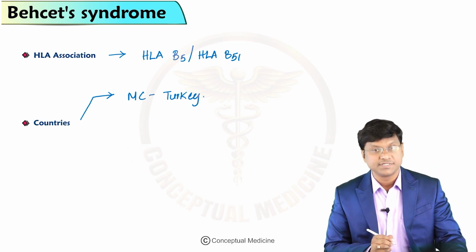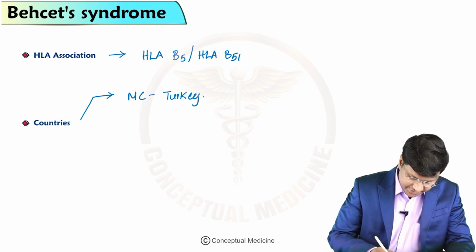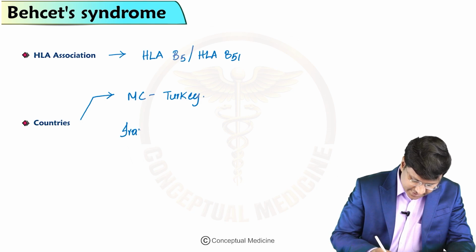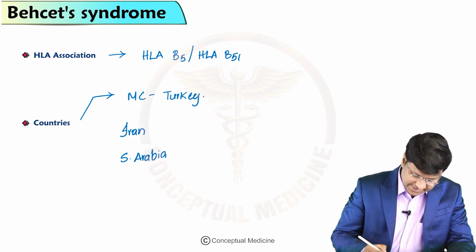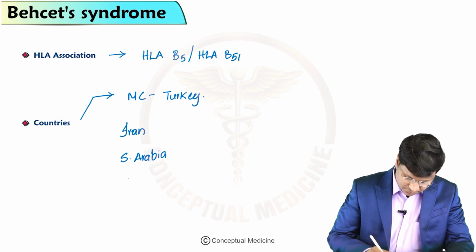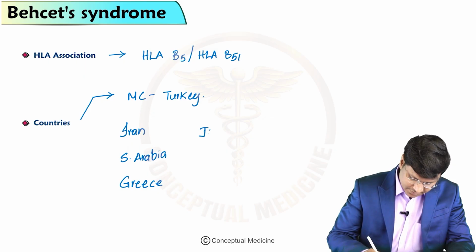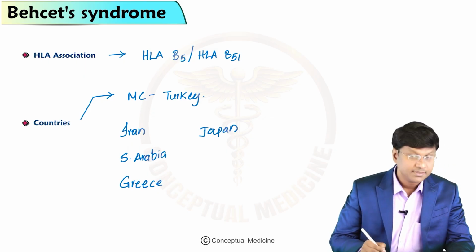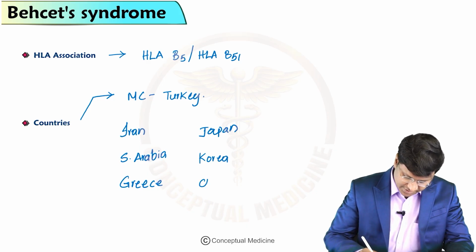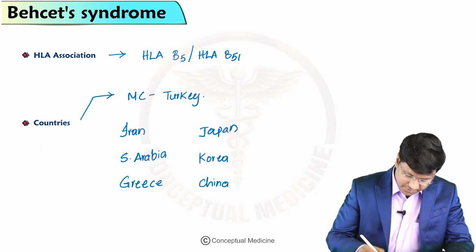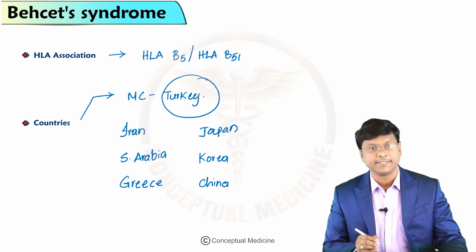And the other countries where you can have Behcet's are Iran, Saudi Arabia, Greece, Japan, as well as Korea. And we also see this in China. But the most common place where you will see this is Turkey.